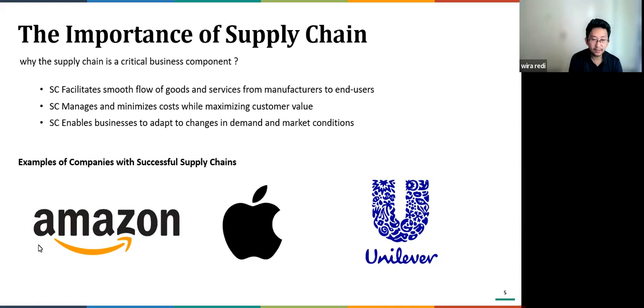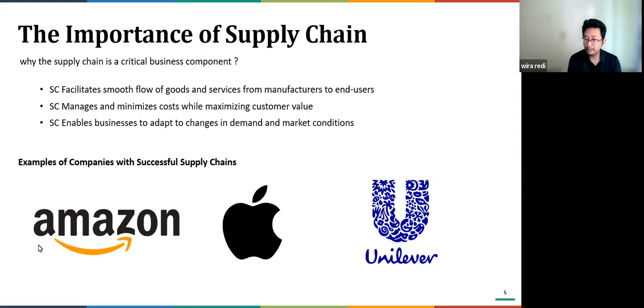Another company that is also one of the leaders in supply chain best practices is Unilever. They are the leading player in the consumer goods industry.